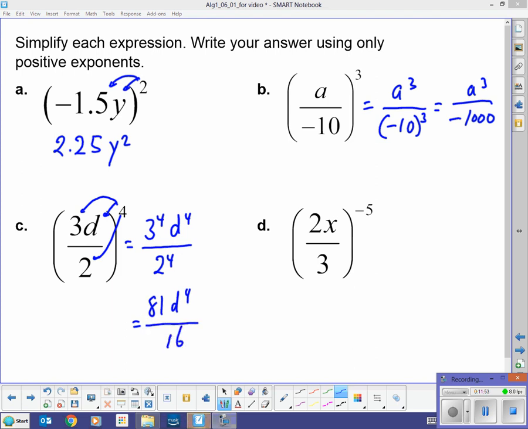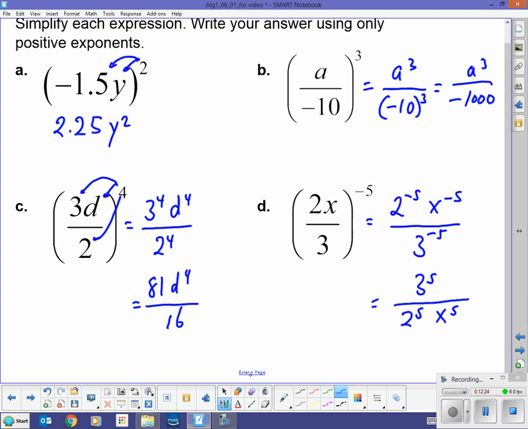Okay. And again, for all of these, just go one step at a time. 2 to the power of negative 5, x to the power of negative 5, and 3 to the power of negative 5. So I have all these negative exponents, which means what? They're all going to change places. So this is 3 to the fifth over 2 to the fifth, x to the fifth.